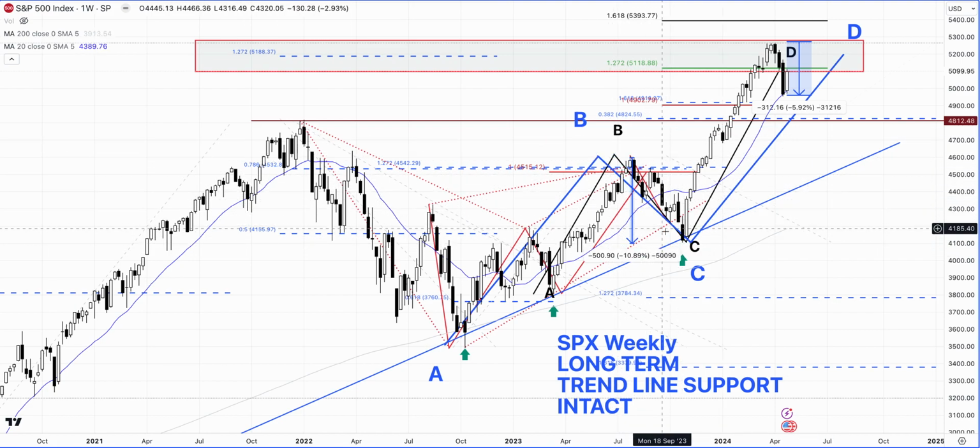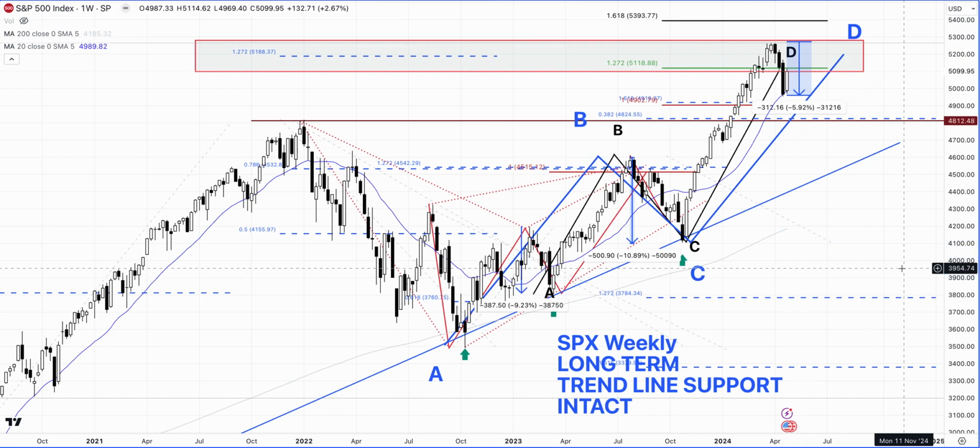The bigger one, the BC in black that we see, was about minus 10.89%. And then another one, let's take a look at this one. If we draw it like this, it was about 9.23%.